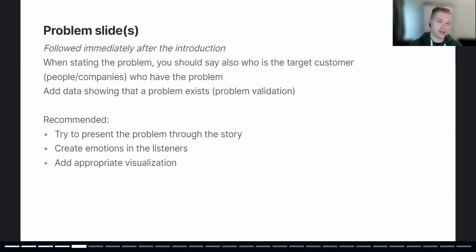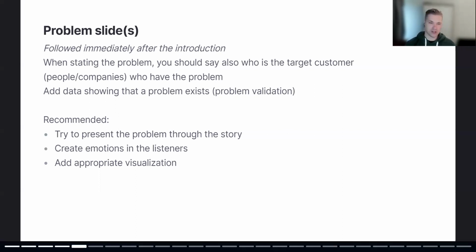Because once you tell it from the story perspective, and there is some kind of hero in that story, it gives a bit more emotional attachment to the presentation, also for the audience.